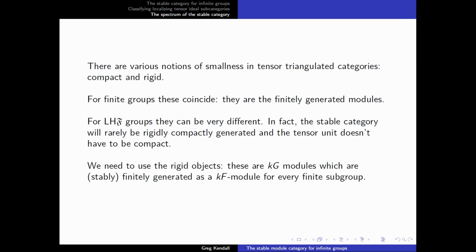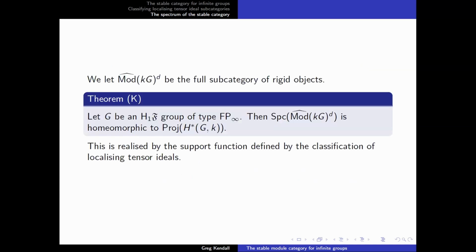There's no reason restriction from an infinite group to a finite subgroup is going to preserve finite generation, so we wouldn't expect the rigids and the compacts to be the same in general. The rigid objects form a nice thick tensor ideal under tensoring, and so that's what we have to use.